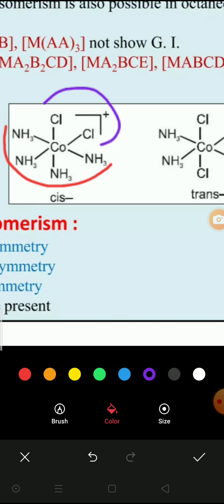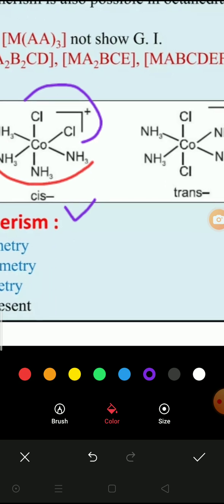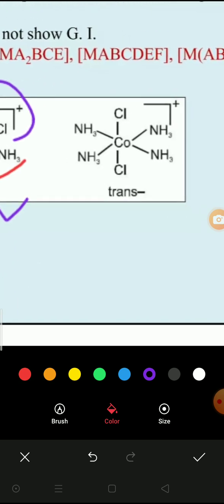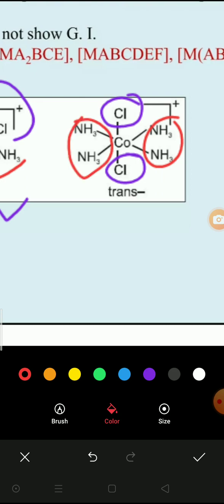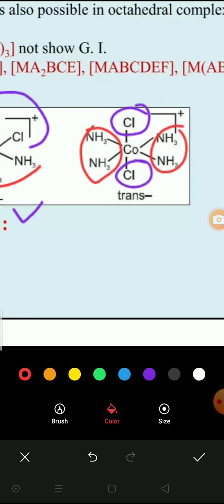Such an isomer is called cis isomer, whereas in case of trans, similar groups are on the opposite sides. Here we can see chlorine on the opposite side, and both the NH3 are on the opposite side.